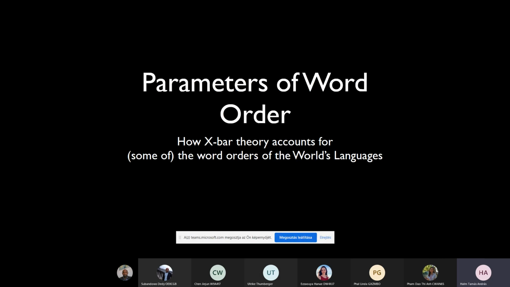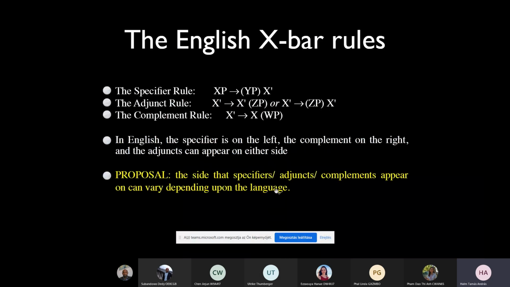So how is it possible that all languages have the X-bar structure and yet on the surface they have different word order properties? And this is where the so-called parameters come into play. Okay, so just to recap how the X-bar rules work in English, certainly.